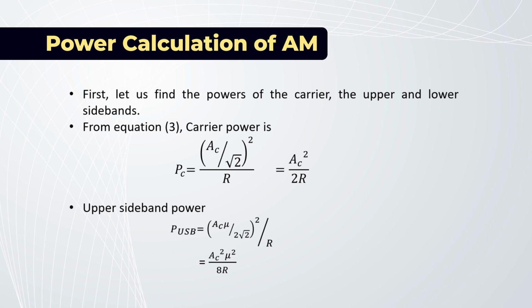Similarly, the upper sideband power will be equal to (Vm/√2) squared by R, where Vm represents the amplitude of the USB, and from equation number 2 we have Vm equal to Ac·μ/2. Therefore, the upper sideband power P_USB will be equal to (Ac·μ/(2√2)) squared divided by R, which is equal to Ac²μ² divided by 8R.